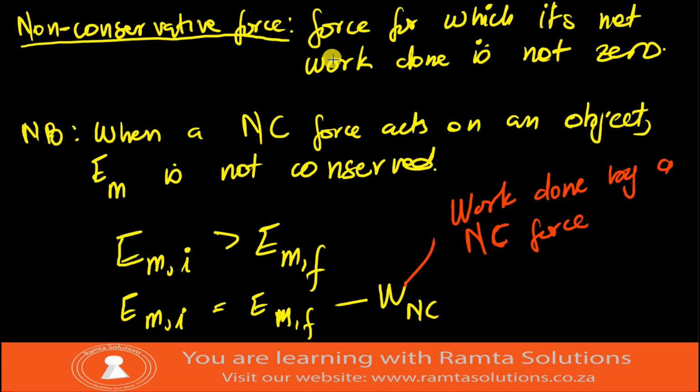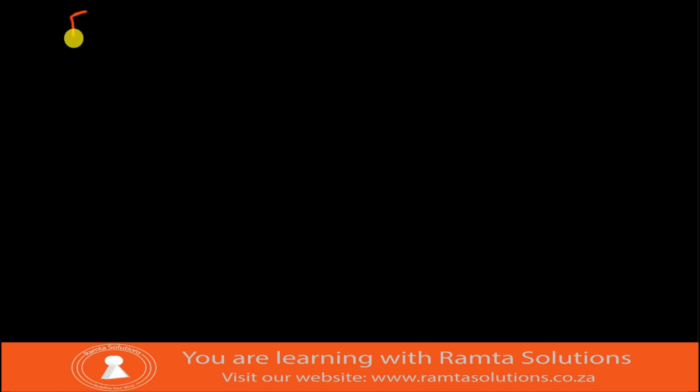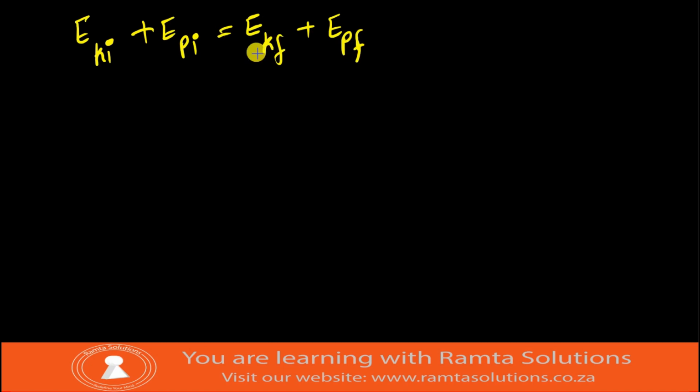Let's expand it. In the next page, we said EM initial, so this is basically EK initial plus EP initial is equal to EM final, so this is EK final plus EP final. Remember, mechanical energy is the sum of the object's kinetic and potential energy, minus work done by a non-conservative force.